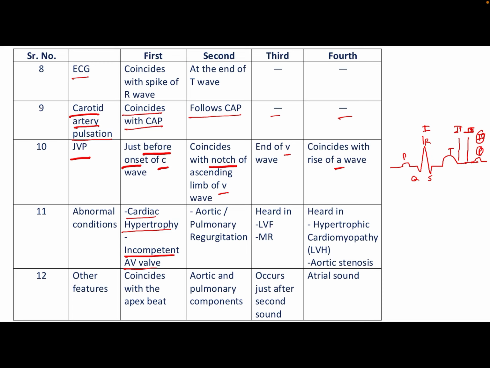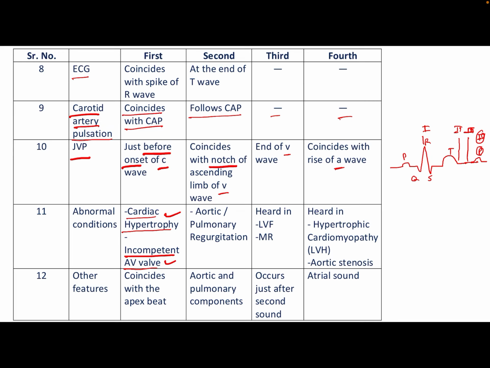So any abnormality related to the atrioventricular valve will cause abnormal first heart sound, and any abnormality related to the aortic and pulmonary valves can cause abnormal second heart sound. Okay. So abnormal first heart sound you will get in cardiac hypertrophy and incompetent atrioventricular valve.